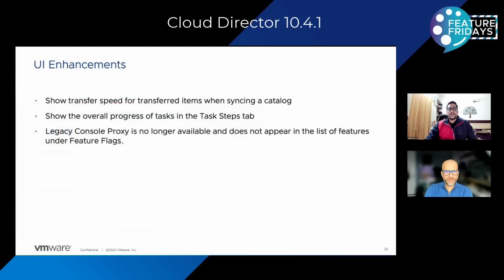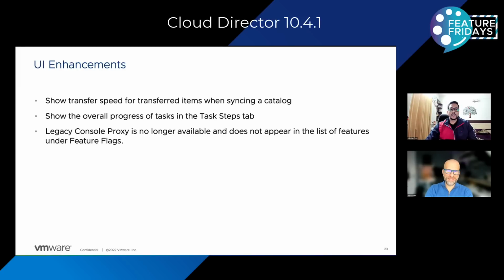Okay. And other UI enhancements quickly. Now you can see the transfer speed when the catalog is syncing between publisher and the subscriber, and the overall progress of task in the subtask is now seen. And as I mentioned in the starting of this video, we now completely do not support the legacy console proxy, and you would not find the feature flag for that in the feature flag section.